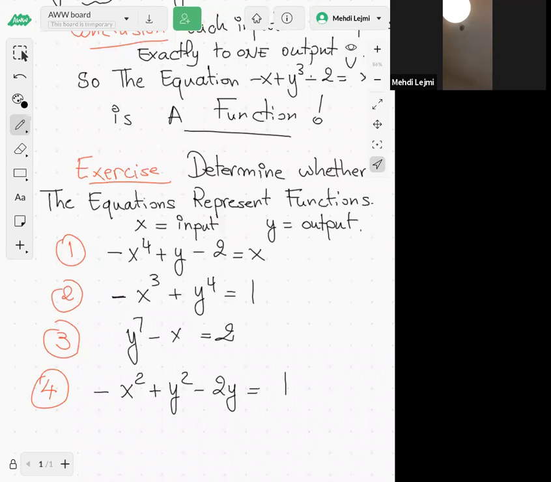So first step, you solve for y, you try to solve for y. Second step, you check the rule, if the rule is satisfied or not.